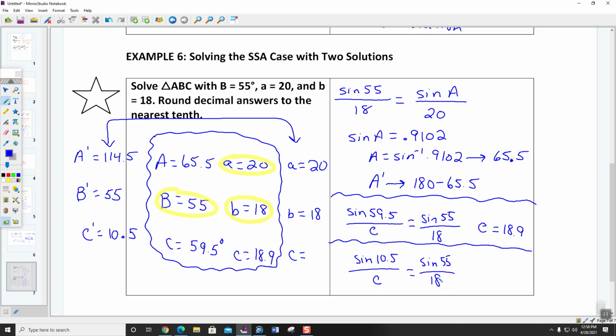And friends, if you're punching numbers in there, I'd sure appreciate an answer to the nearest tenth there. Four-ish? 4.0. Okay, so C is right at 4.